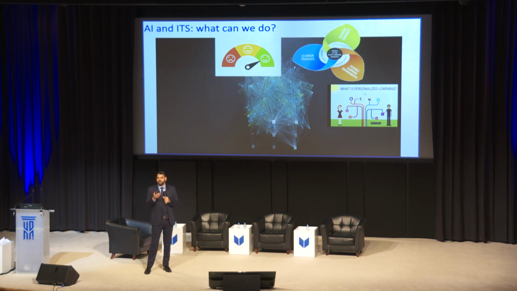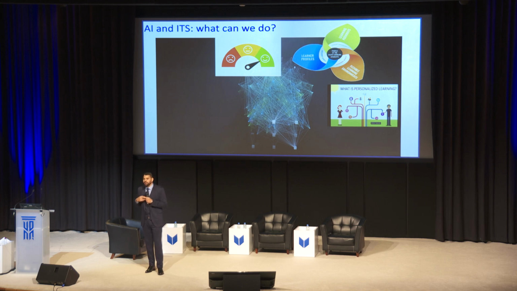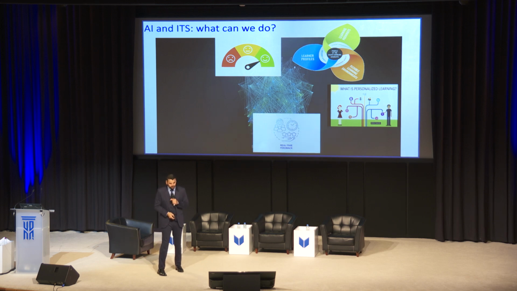To do that, we need to collect data about the student's performance, the level of the student, the learning style, the preferences of the student, and based on this, the AI behind it will be able to adapt the content and recommend content to the student according to all these features.